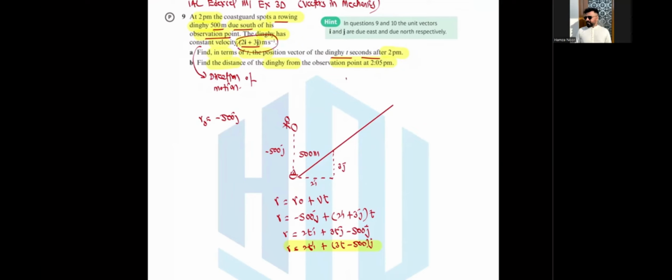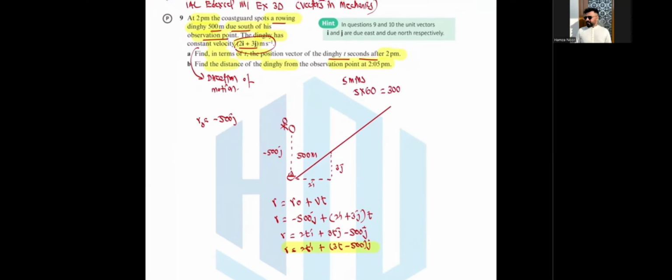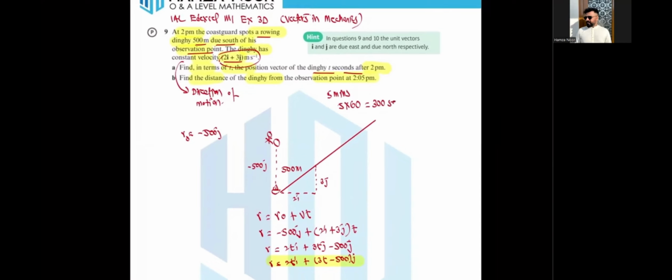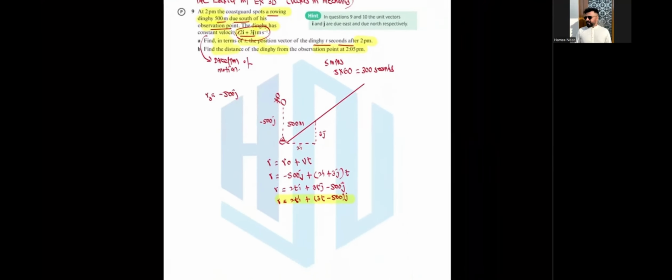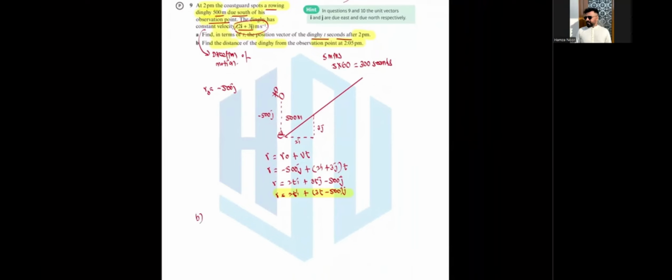So 5 minutes essentially means 5 multiplied by 60, meaning 300 seconds. I'm taking the time in seconds because the velocity vector is given in meters per second. So 2:05 p.m. means we need to keep t equal to 300 over here.